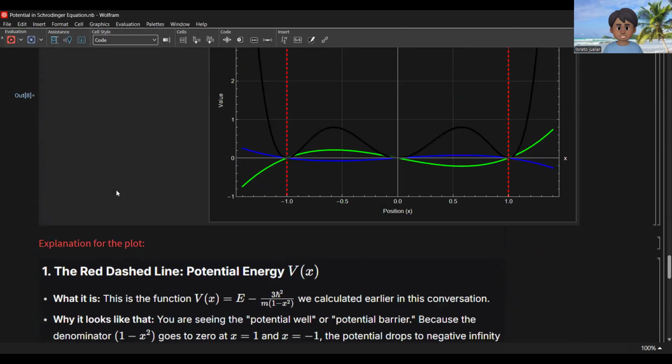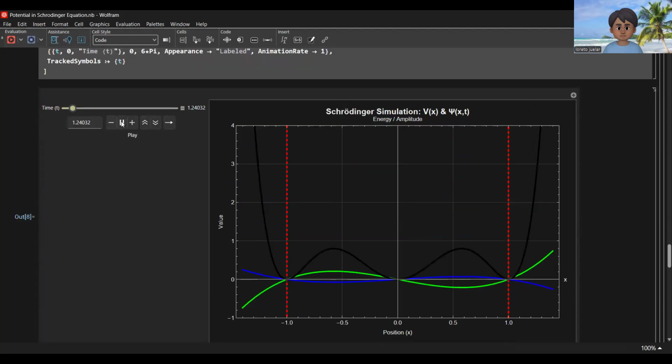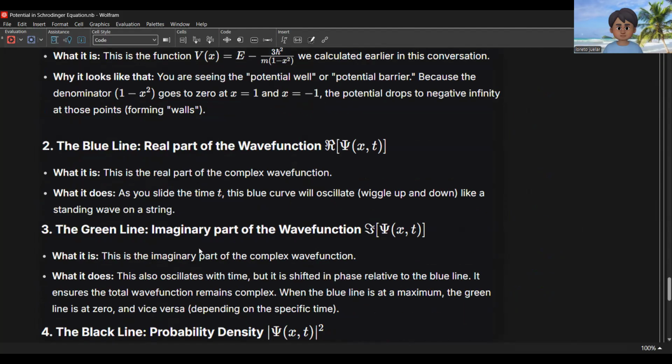Then we also have the green line, the imaginary part of the complex wave function. This also oscillates with time, but it is shifted in phase relative to the blue line. It ensures the total wave function remains complex. When the blue line is at maximum, the green line is at 0, and vice versa.